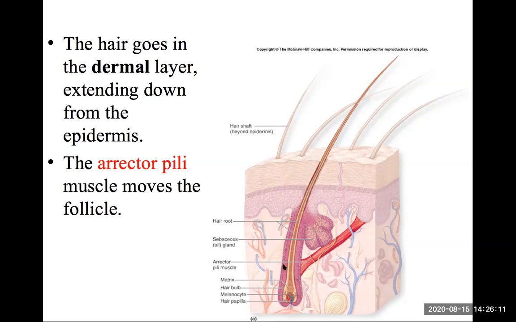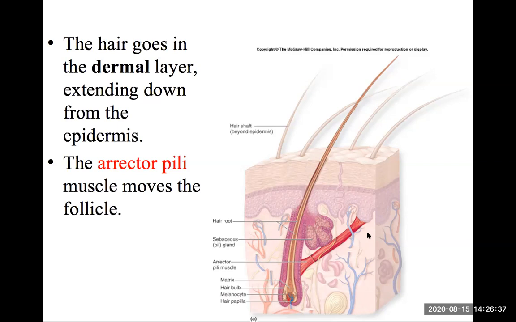So although the hair comes from deep in the dermis, the tissue itself is epidermal tissue. So this is epidermis. Okay, so trying to fool you a little bit here. The growth of the hair comes from deep down at the base of the shaft. Okay, and then as the hair grows, it pushes up and eventually through the surface of the skin where we can see it.